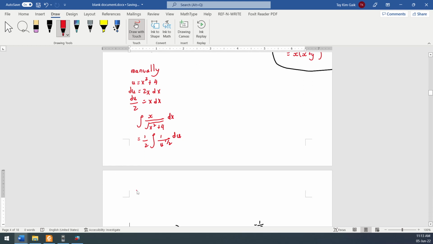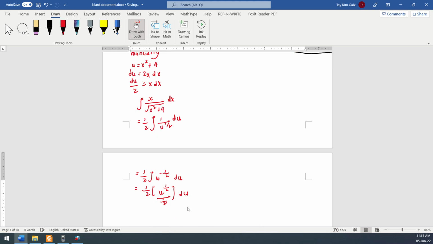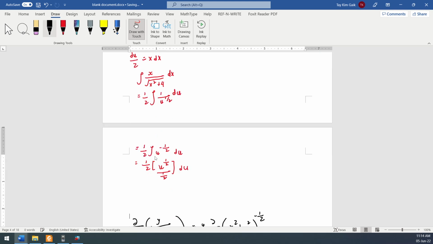Then you integrate u power negative half du. For integration, negative half plus 1, so you get u power half divided by half. So the 2 and this one cancel.